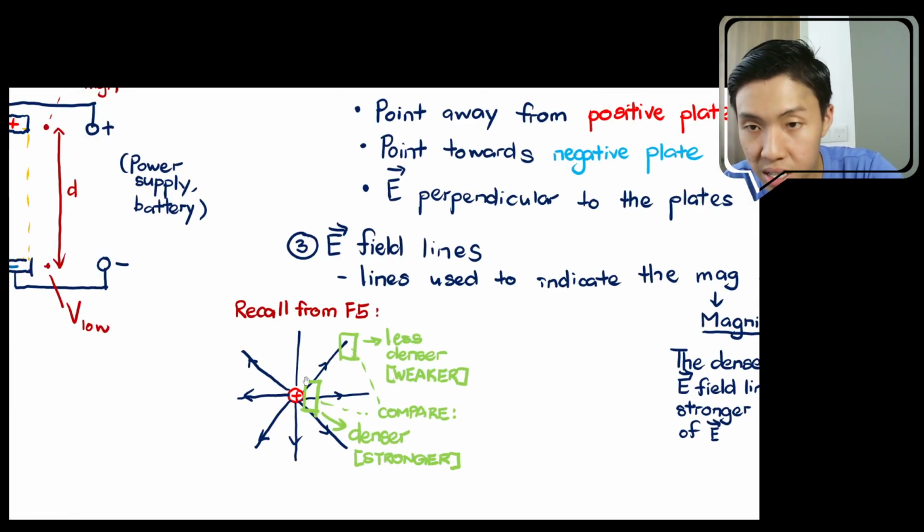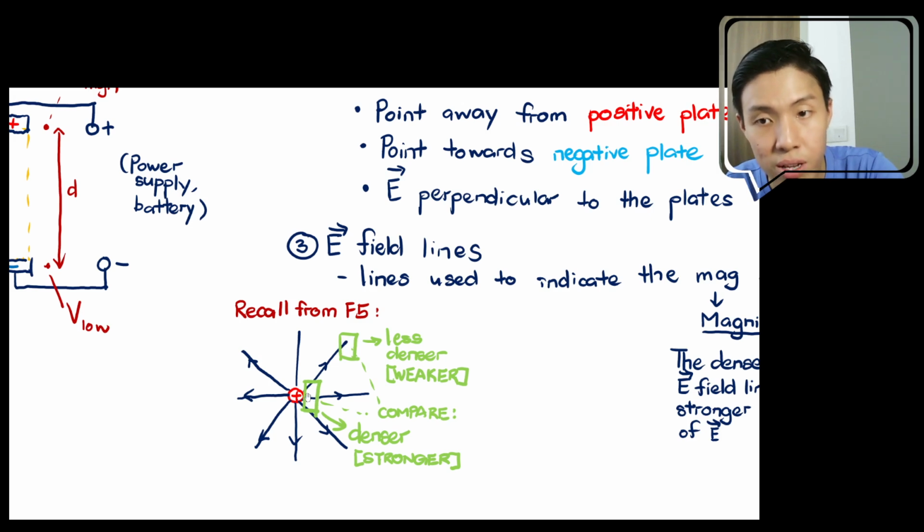As you can see in this particular box over here, you can fit about 3 lines inside. There's 1 electric field line, 2 electric field lines, and 3 electric field lines squeezed within this box. But if you move somewhere further away from the point charge, the same size box will probably fit only 1 single line.